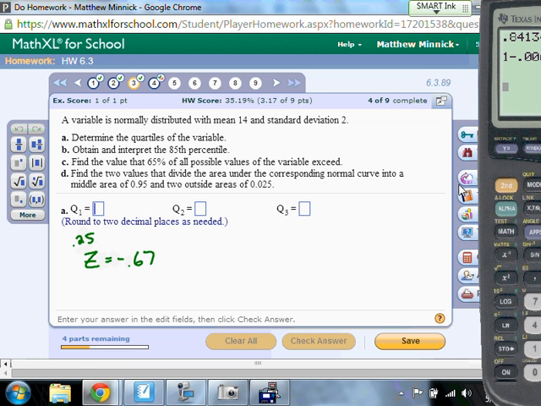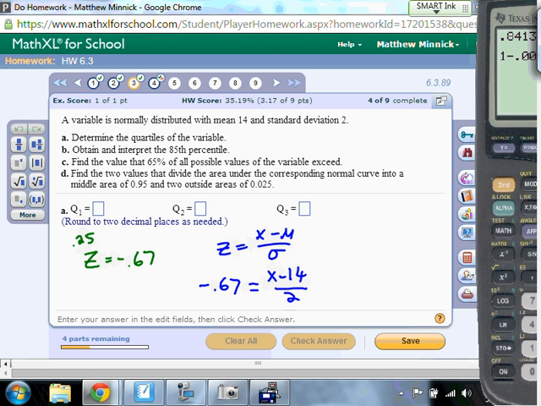Now what I got to do here then to find the quartiles, I'm going to make a substitution. I'm going to replace the z-score. So I'm using this formula, z equals x minus mu over sigma. So I'm going to plug in negative 0.67 equals, the x-score is going to be my quartile that I'm looking for, so that'll be the variable x, minus mu, so minus 14 over 2.